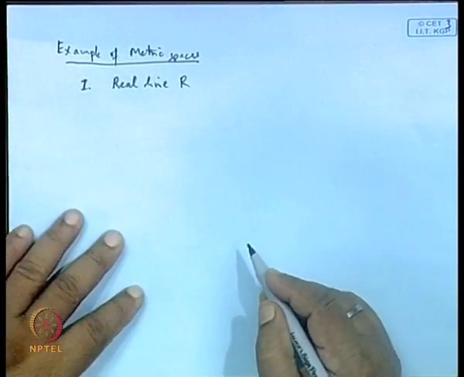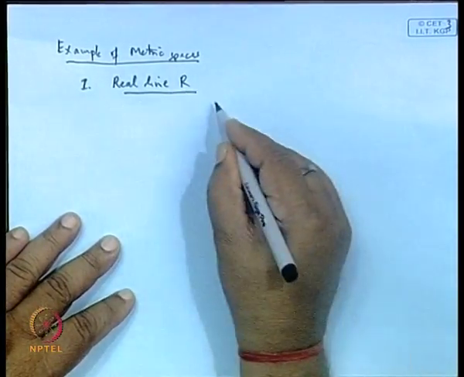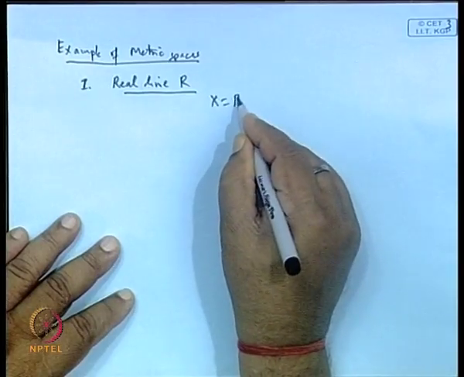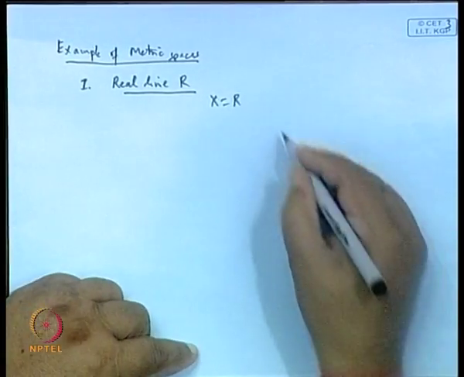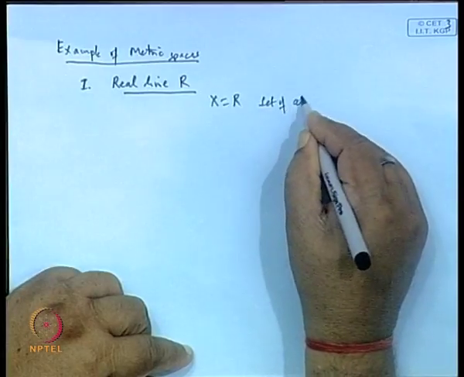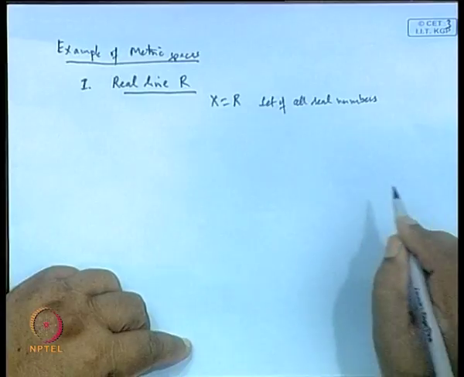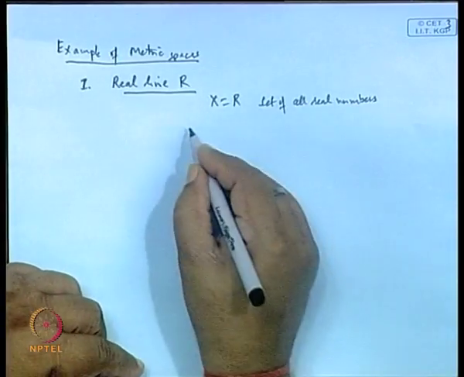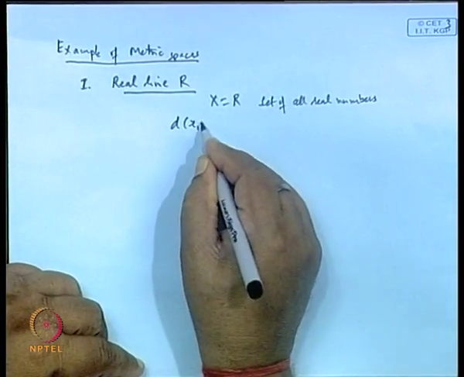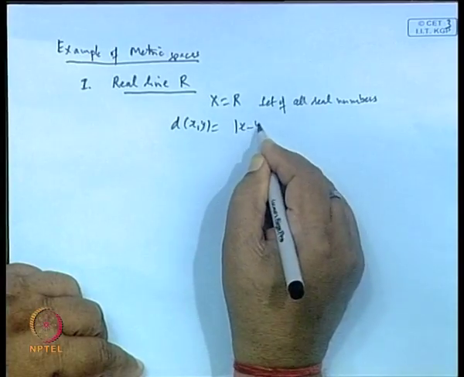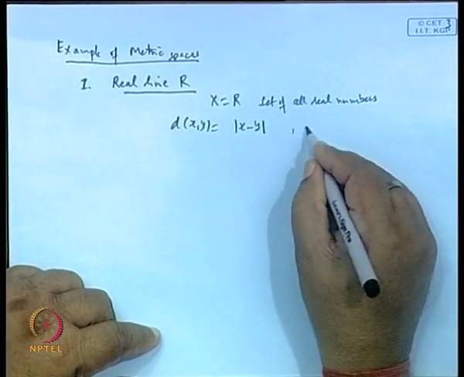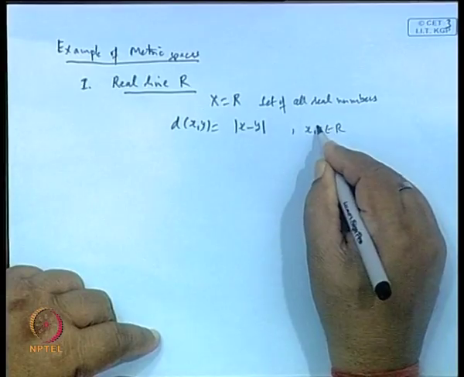So, let X be the set of all real numbers and the notion of the distance d is defined as modulus of x minus y, where x and y are real.